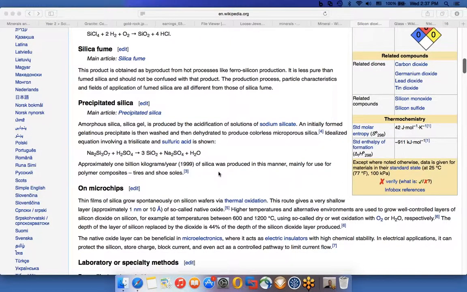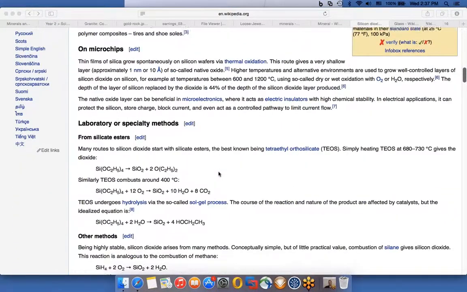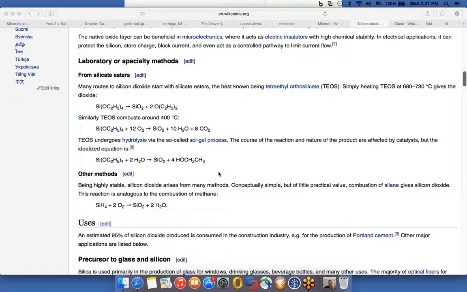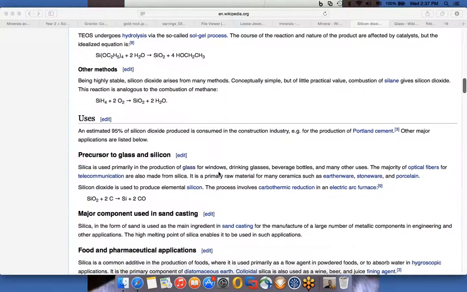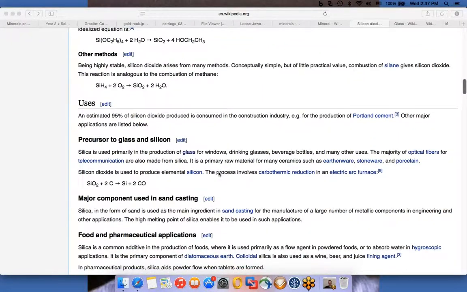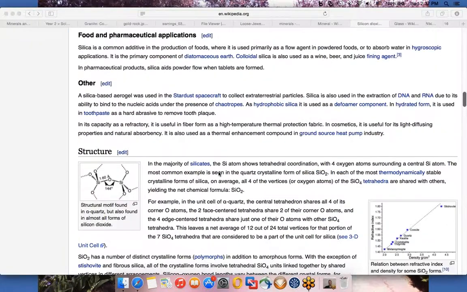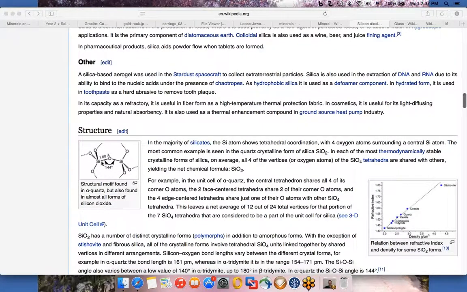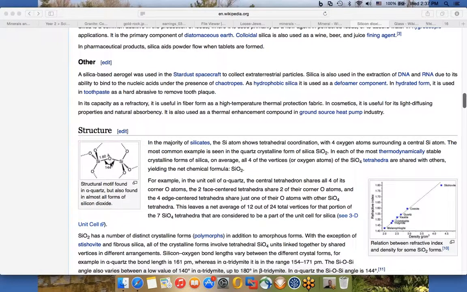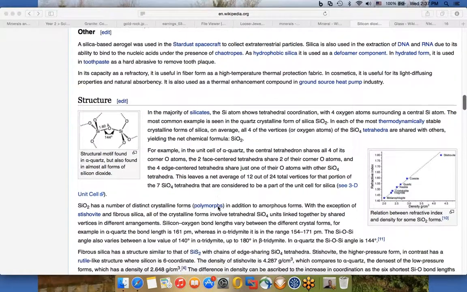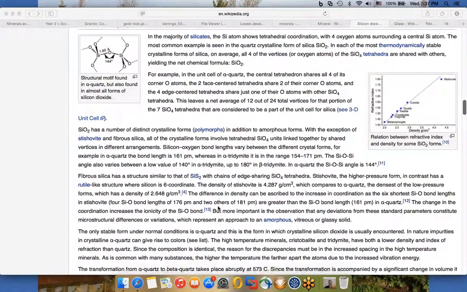Let me see what we have here. There are some examples of how silicon is used and the different compounds that it makes, the structure, okay? So you have one atom of silicon and two of oxygen joined together at a specific distance and at a specific angle.